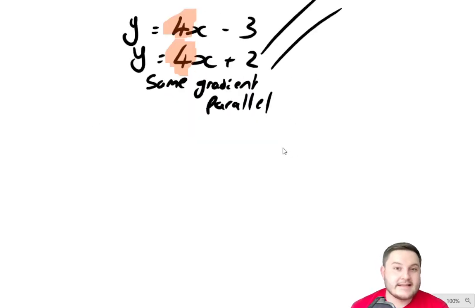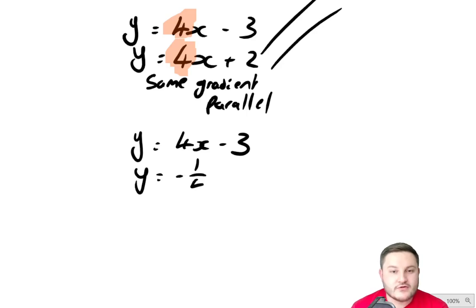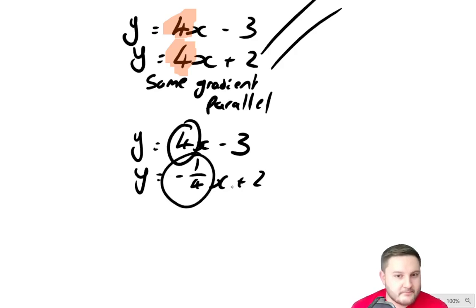Another key fact is the idea that if you have the equation y = 4x - 3, again, and y = -1/4 x + 2. On initial glance, these two look similar, but not as similar as those, but the gradient of this line is 4 and the gradient of this line is minus a quarter.